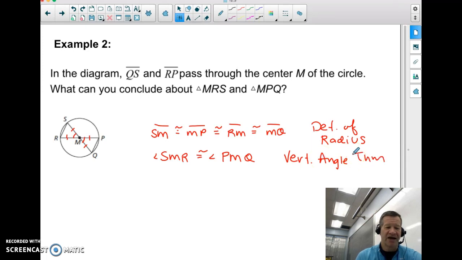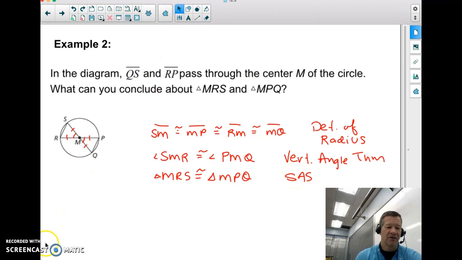And since we have two sides and an included angle on this triangle, two sides and an included angle on this triangle, by side angle side, I can say that triangle MRS is definitely congruent to triangle MPQ by side angle side. Okay, we got one example left.